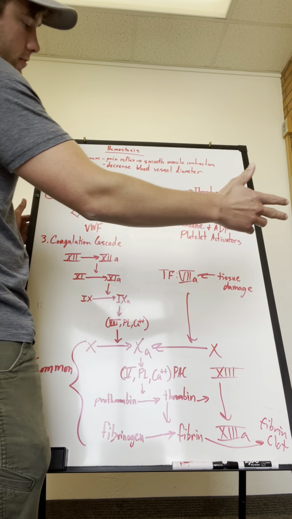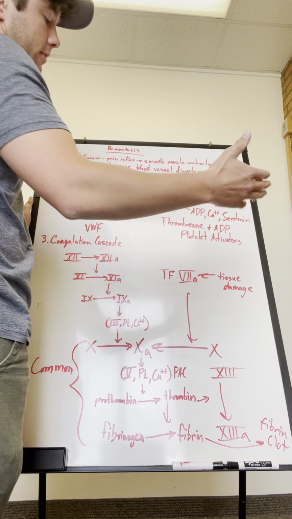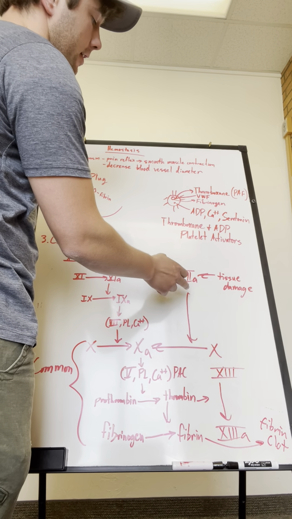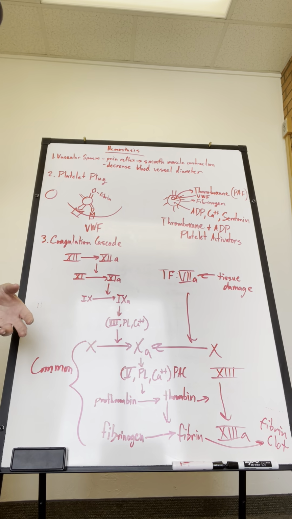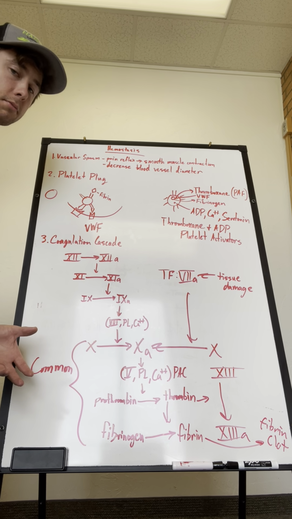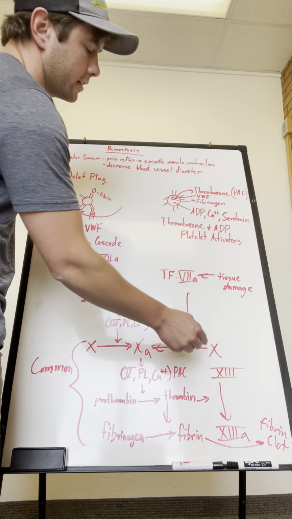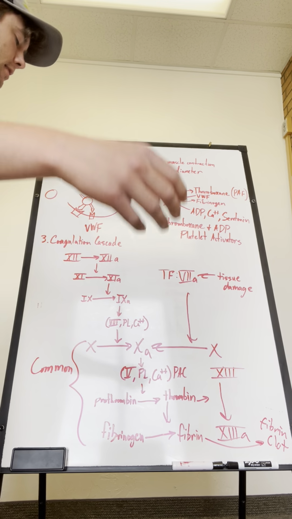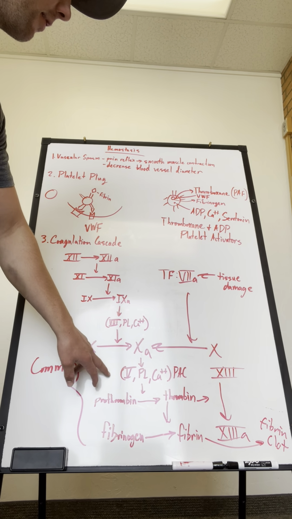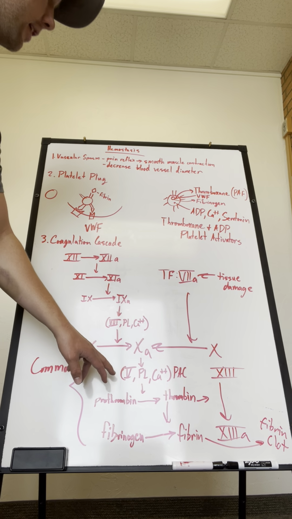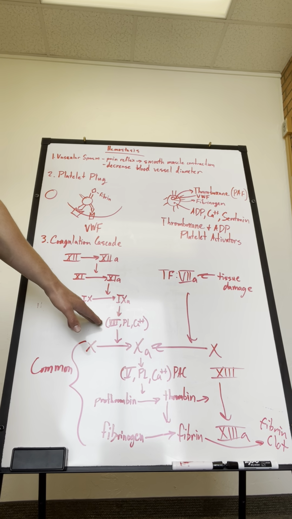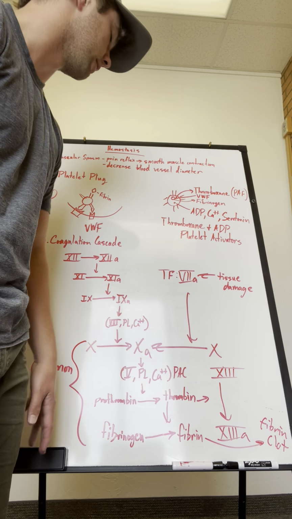Let's scroll over to the extrinsic pathway first. With tissue damage, epithelial cells will release a factor 7 that will become activated, as well as tissue thromboplastin. These two will work together to activate factor 10. With factor 10 activated, we will now form another prothrombin activating complex, and that will be with factor 10, phospholipids, and calcium, much like this previous one with 8, phospholipids, and calcium.